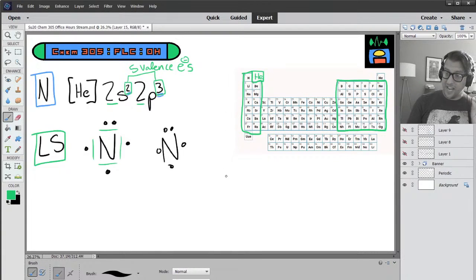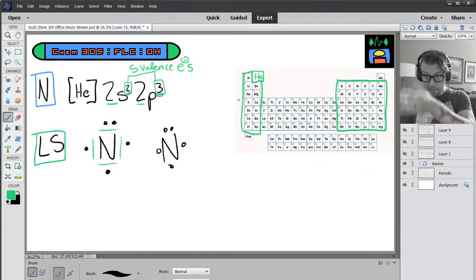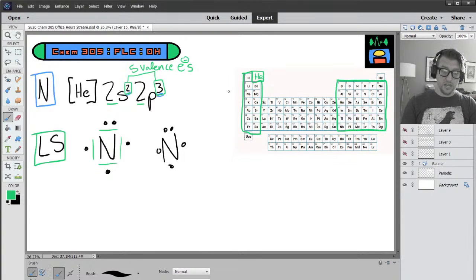Now, here's the fast and quick way to determine the number of valence electrons that'll be in your Lewis dot structure for an element. All you have to do is count what column on the main group it falls in, and that'll tell you the number of valence electrons. So, for example, this is column 1, column 2, column 3, column 4, column 5, column 6, column 7, and column 8.